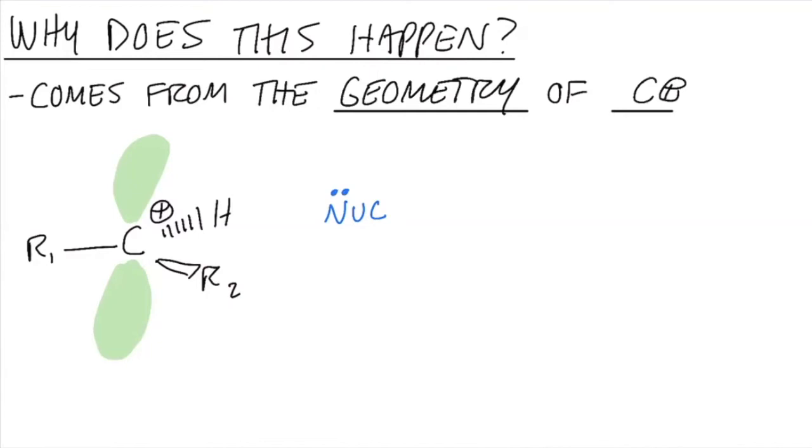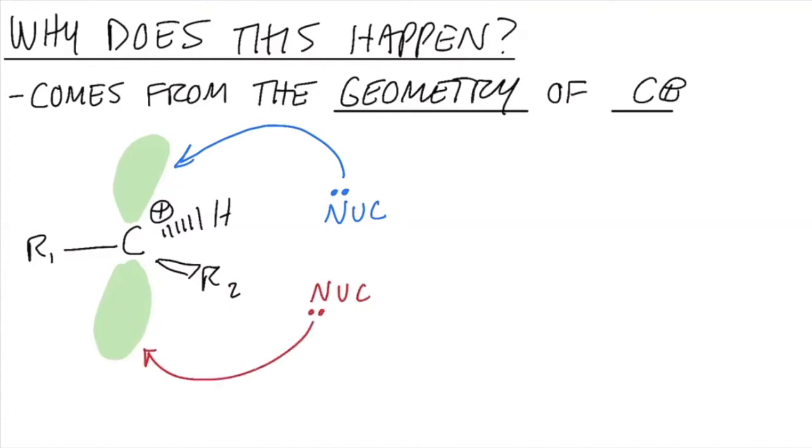And because they're equal in size, we have really no way of knowing which one that nucleophile is going to bump into first. So let's just say the nucleophile bumps into the top lobe of our p orbital. That's one possibility, but the other one, like I said, is pretty much equally possible as far as size goes.